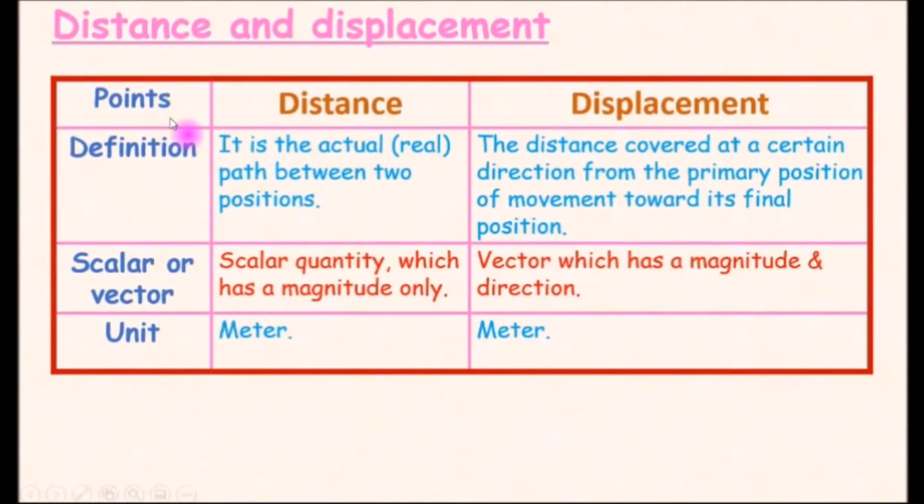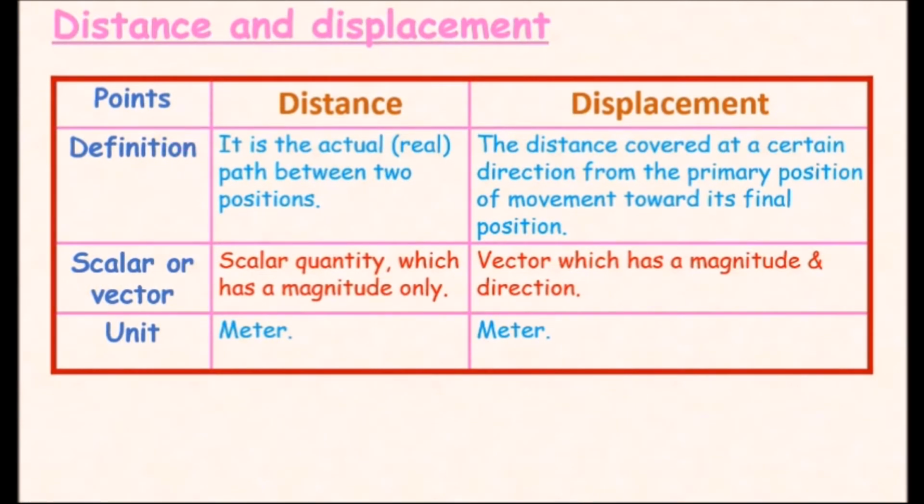And now let's take two examples, one from the scalar physical quantity and the other from the vector physical quantity, and talk about them and make a comparison between them. We will talk about distance and displacement.